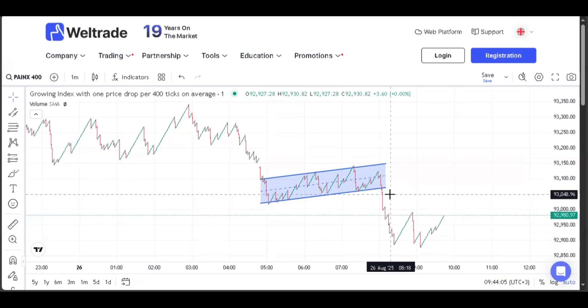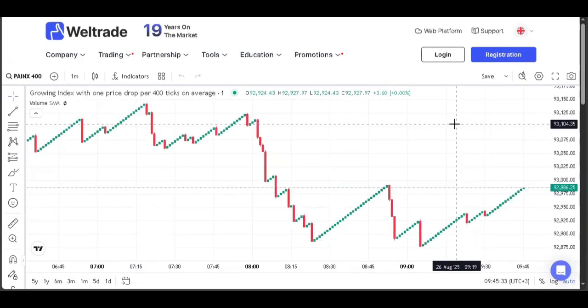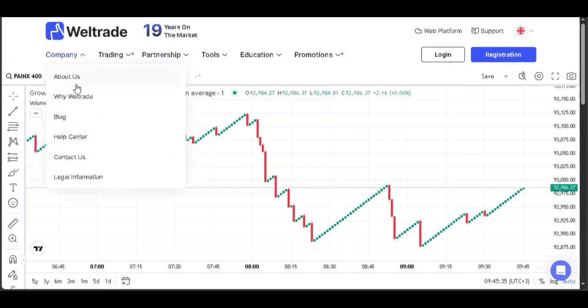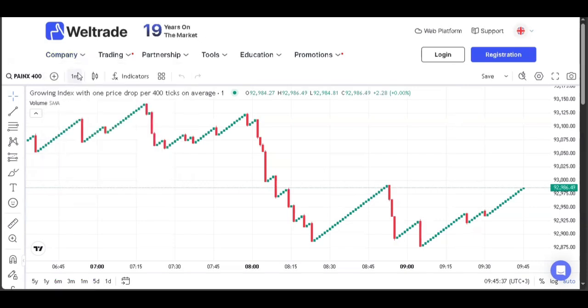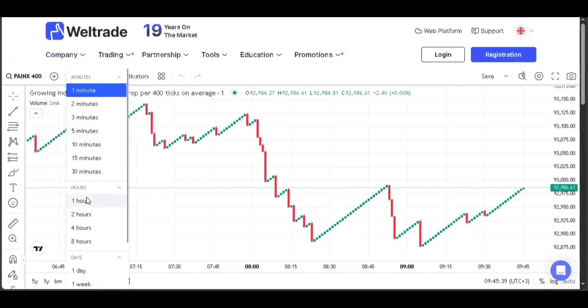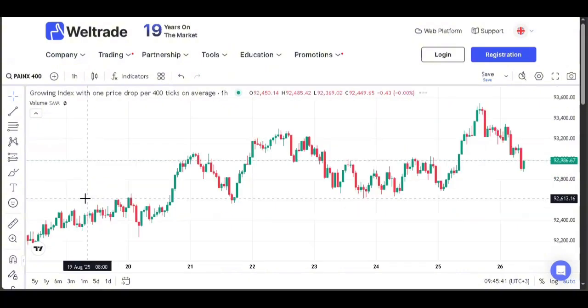So today we're going to be analyzing from a bigger time frame to a smaller time frame. So let's say you want to start trading. The first thing you do when you open TradingView is go and check the hourly time frame, so that we can see the overall trend.